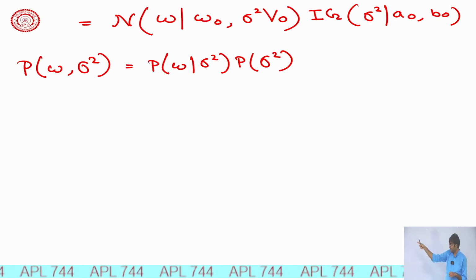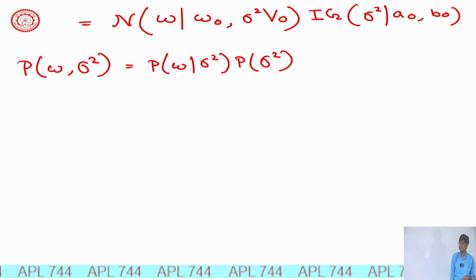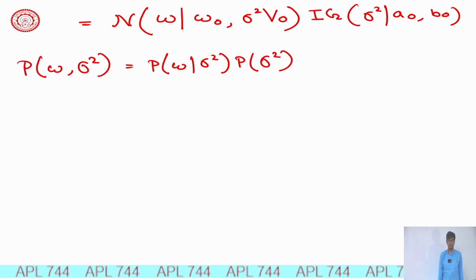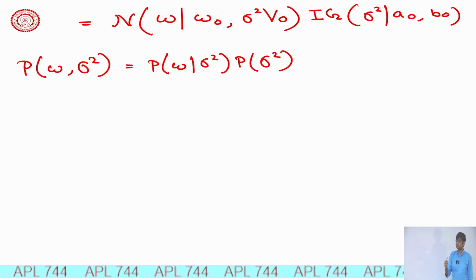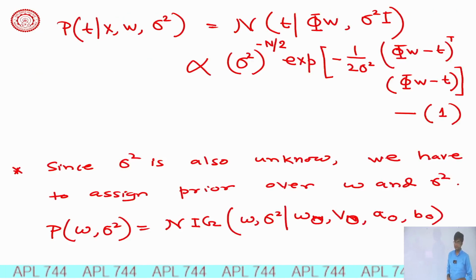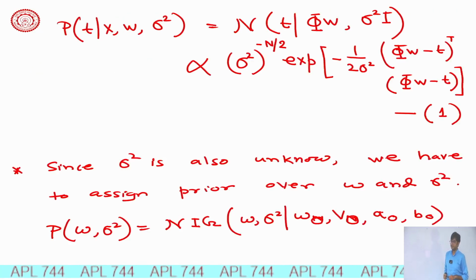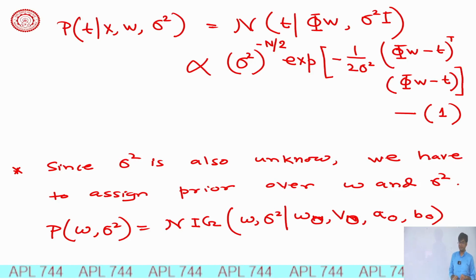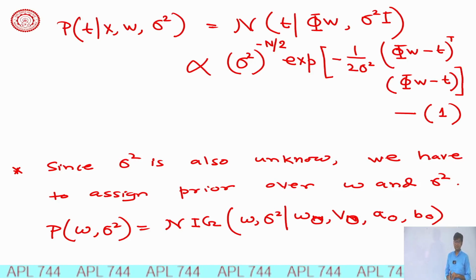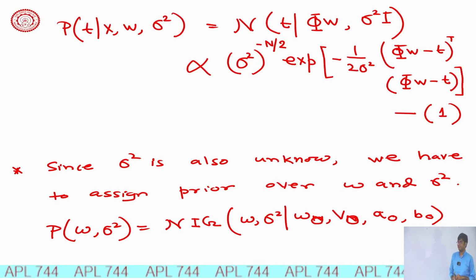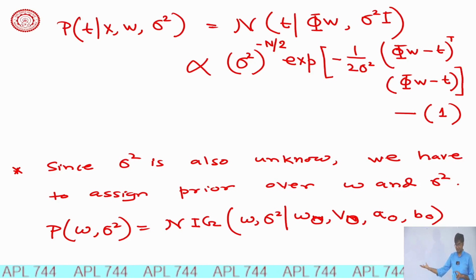I did not write this expression, I directly went there. Okay. Clear? So, that is what we have done, which is we have now introduced the Gaussian, which is the conditional, and the inverse gamma. Okay.